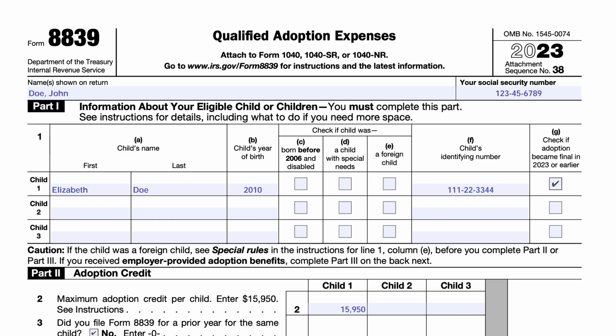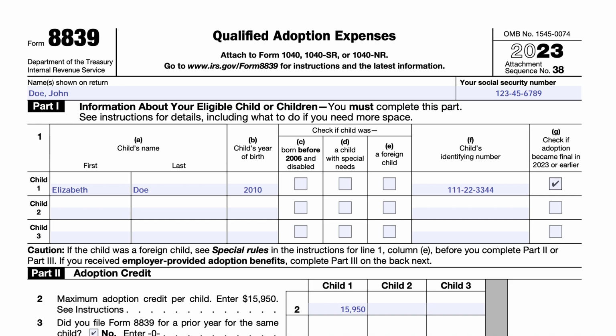In this video, we'll be going over IRS Form 8839, Qualified Adoption Expenses. As you might know, the federal government allows taxpayers certain tax benefits when it comes to the costs of adopting a child.